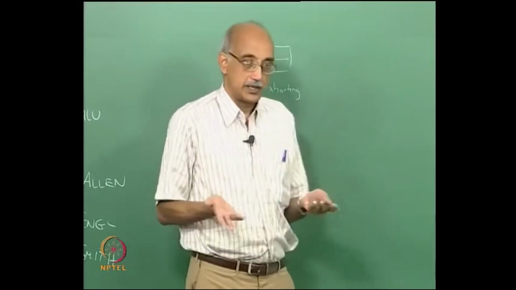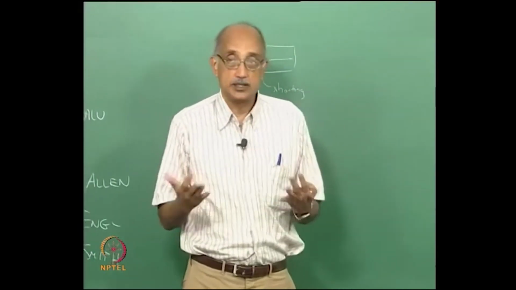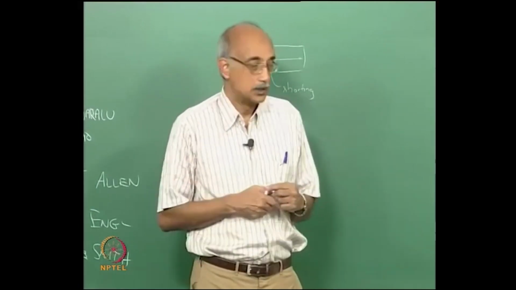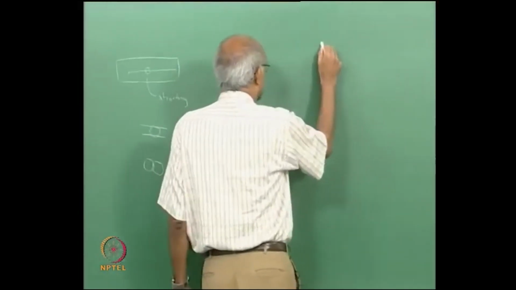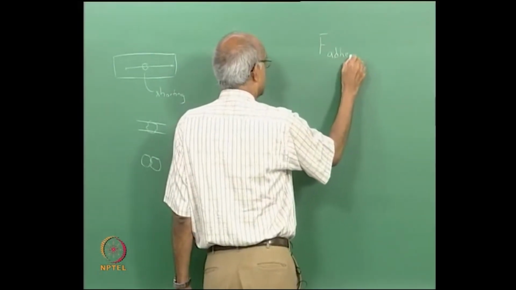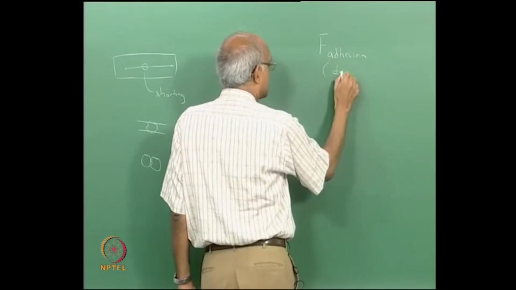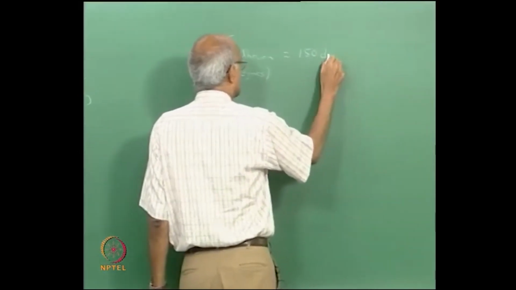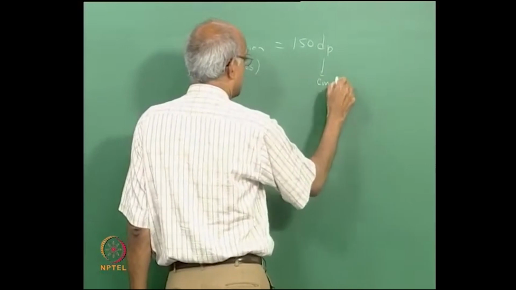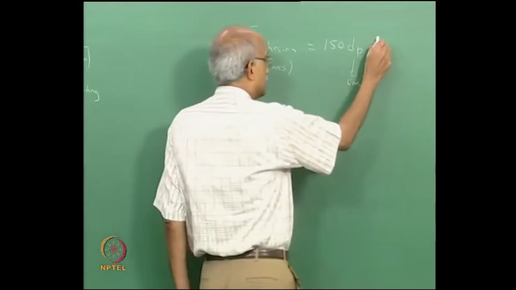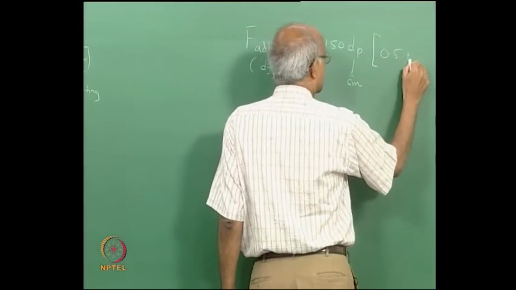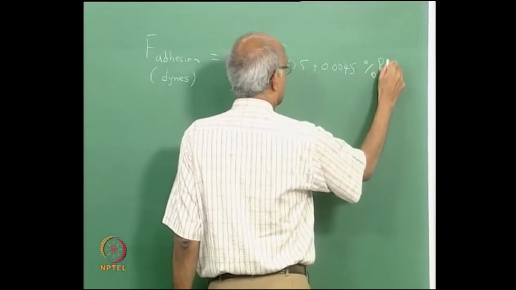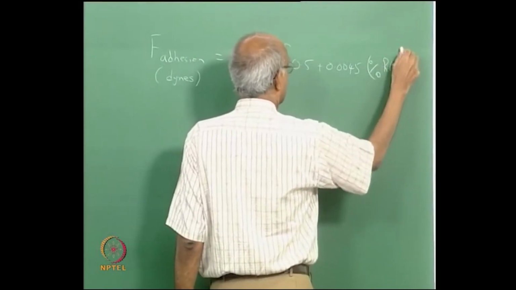And when all the data were gathered, and this really consists of virtually millions of data points, and the data were analyzed and fitted with a model, the model that came out looked something like this: F adhesion, expressed in dynes, equals 150 times dP, where the particle diameter is expressed in centimeters, times 0.5 plus 0.0045 times percent relative humidity.